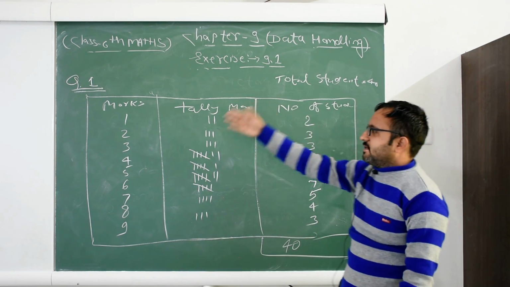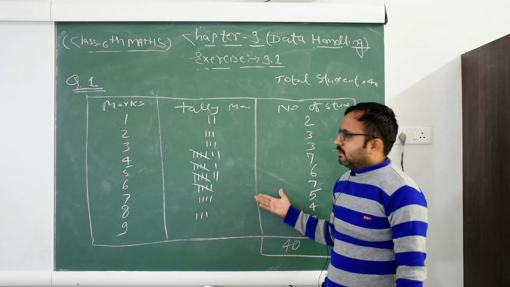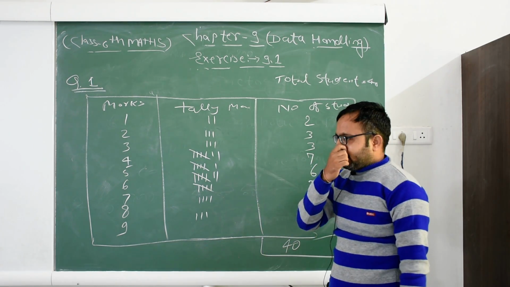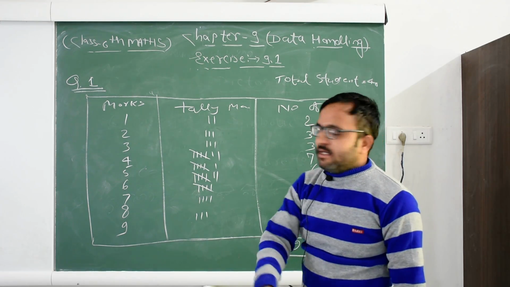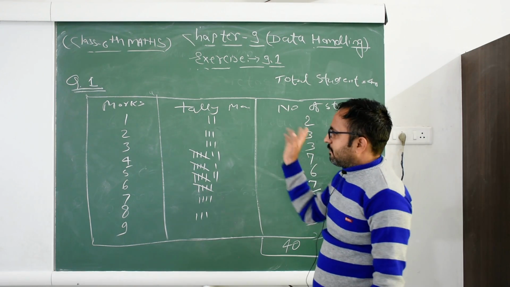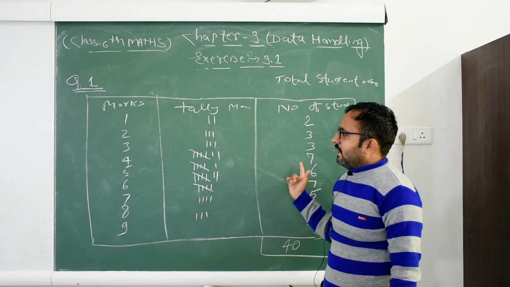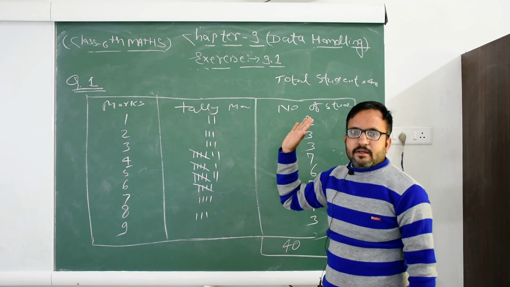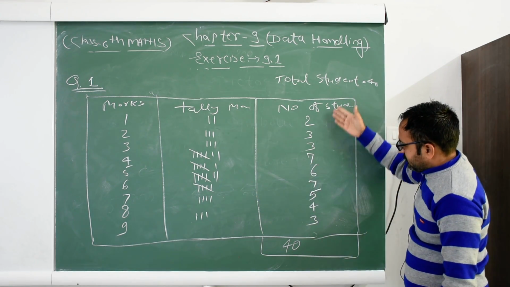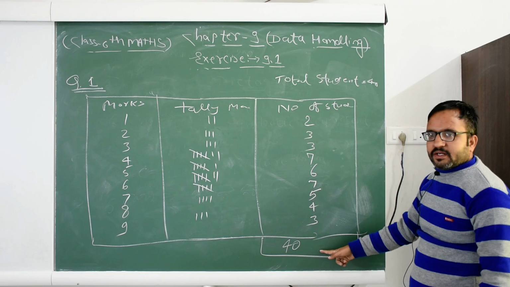Okay. So this is our tabular form of representing data. You are given different types of unorganized data. Now with the help of this data we prepare a table and we take meaningful information. Now the total number of students is equal to 40.